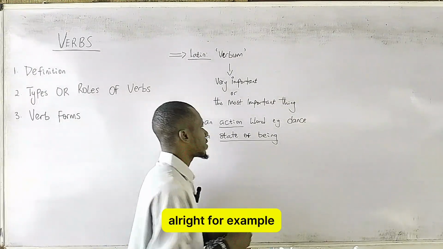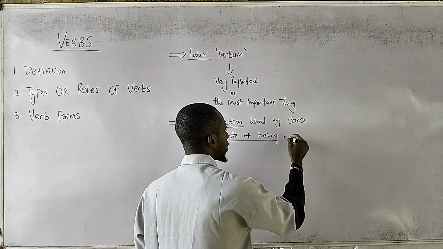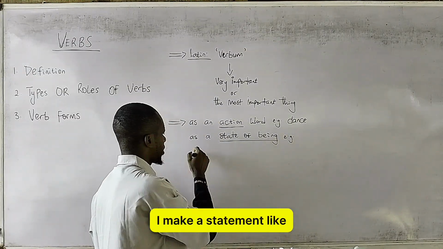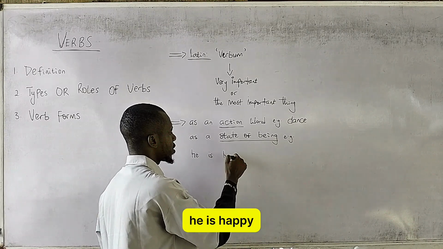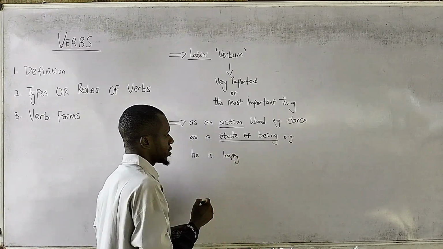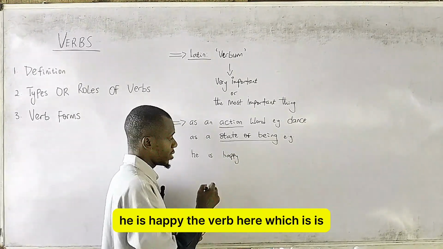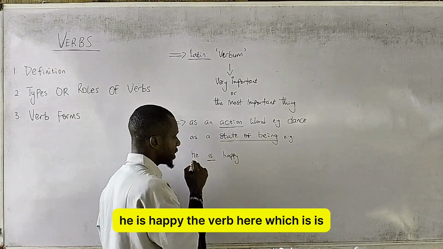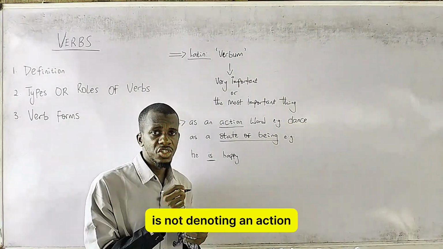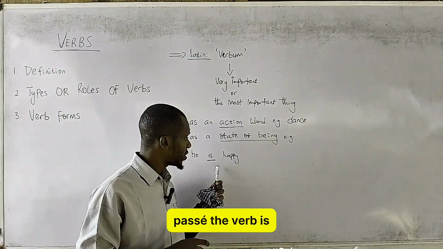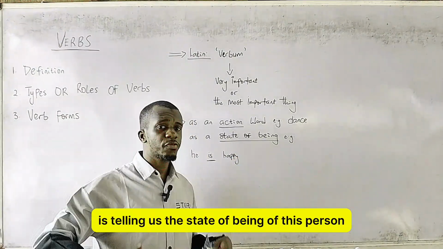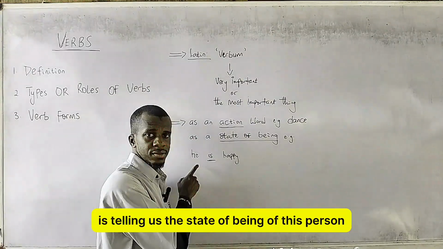For example, I make a statement like, he is happy. The verb here is not denoting an action per se. The verb is telling us the state of being of this person.